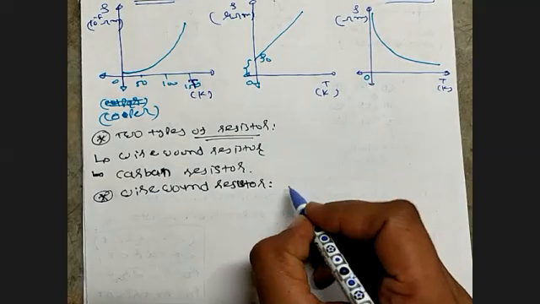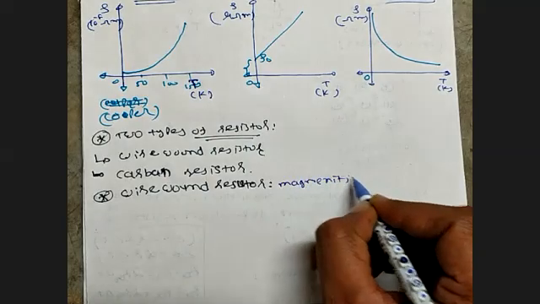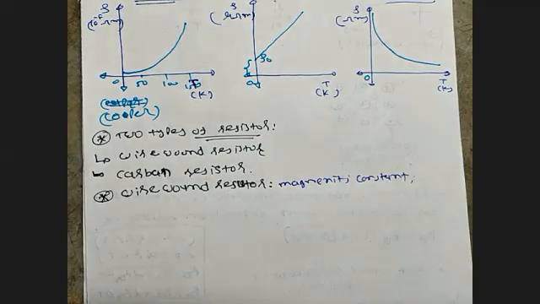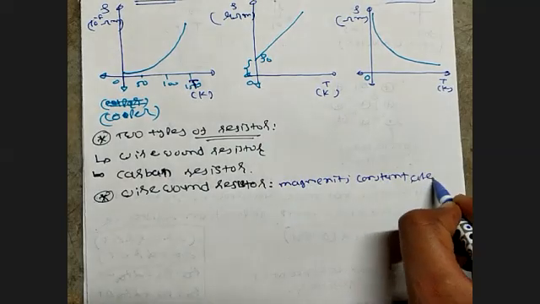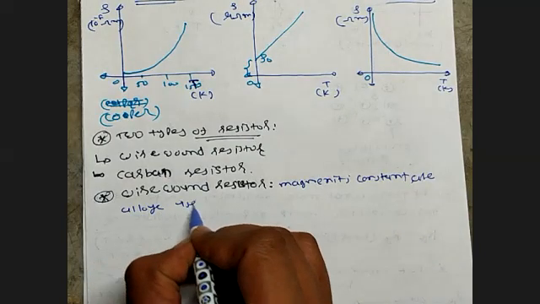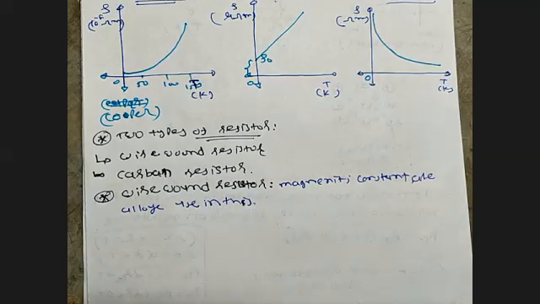That alloy is manganin, constantan. Alloys used in this are manganin, constantan, nichrome.